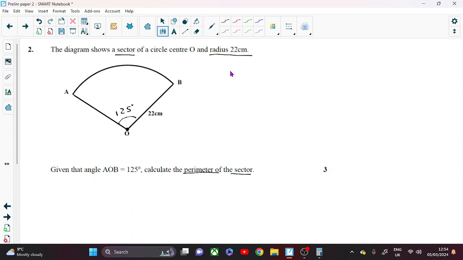Now we're going to use the circumference, and if you remember, that's 2 pi r, and we're going to use the fact that we only want 125 out of a possible 360 degrees of our 2 times pi times our radius of 22.